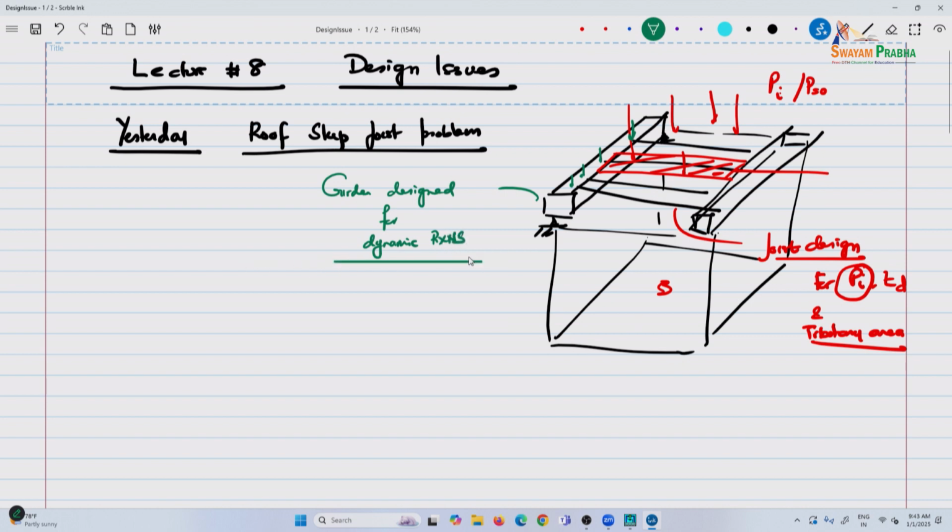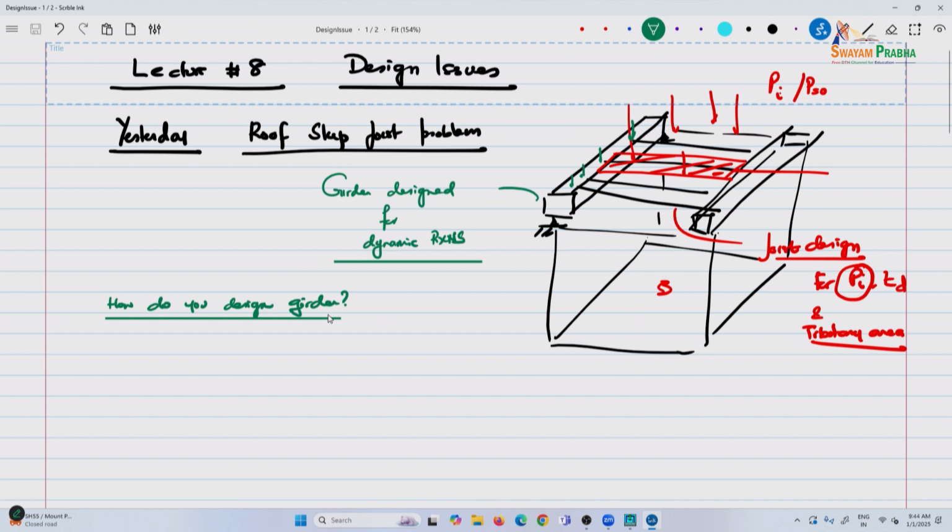So, how do you design the girder? Let's take a brief, I took a brief stab at it yesterday afternoon. I was trying to see if there's a way we could do that, and I came up with the best response.